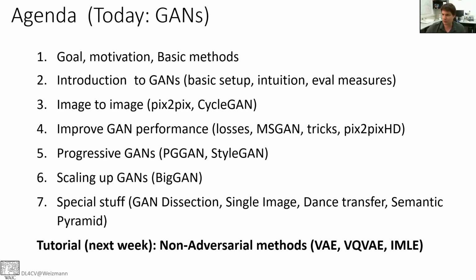Then we'll discuss image-to-image translation, or conditional GANs. We'll talk about ways to improve GANs, and then some more advanced stuff about GANs. And then in the tutorial next week, you'll learn about variational autoencoders, quantized variational autoencoders and IMLE. These are non-adversarial models.